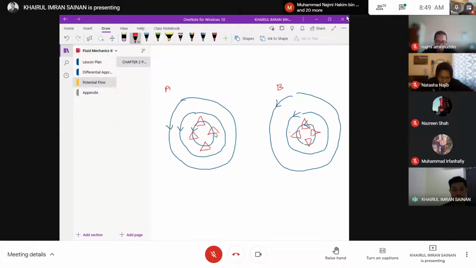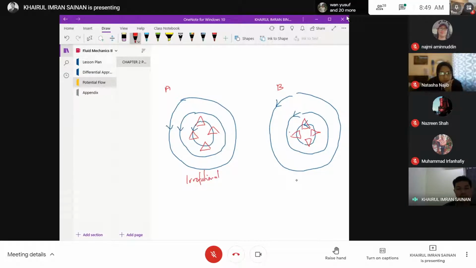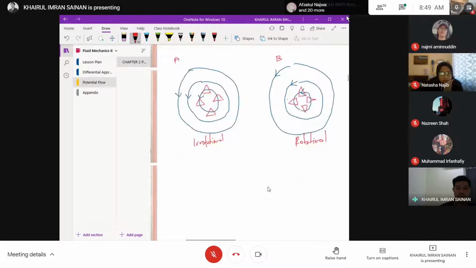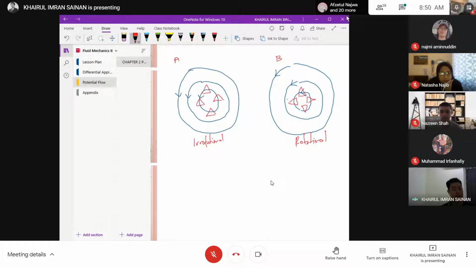Does this element rotate as it goes along the path line? No, it does not rotate. How about this one? It does rotate. So A is irrotational, B is rotational.